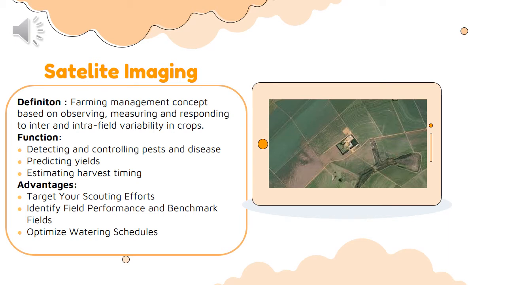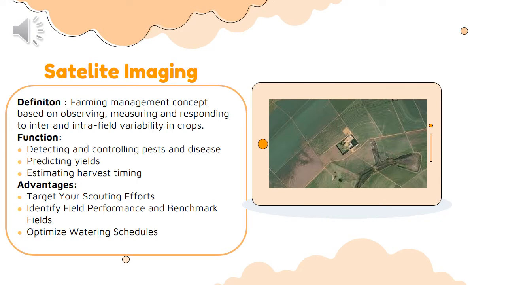Identify field performance and benchmark fields. Farmers are able to monitor field performance on a weekly basis using satellite imagery and additional information such as weather precipitation.